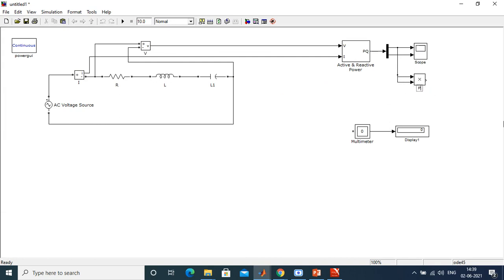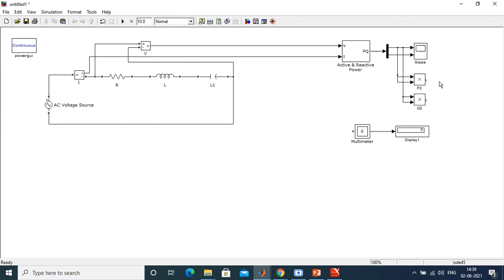So this is P square like this. Q square, sorry, wait, what's that? P square, Q square.